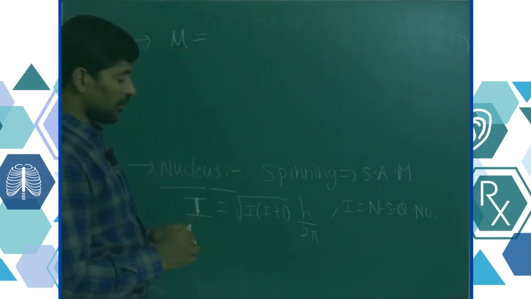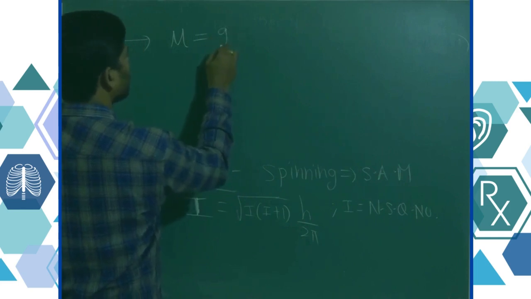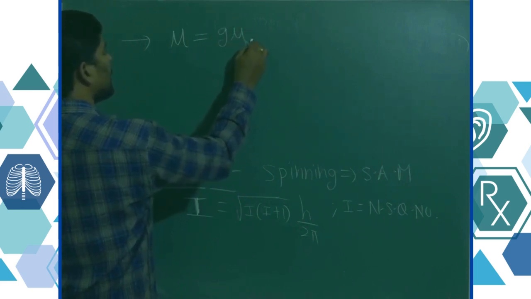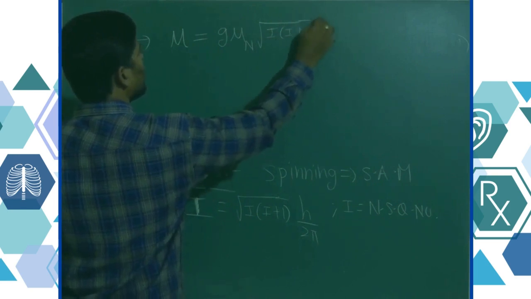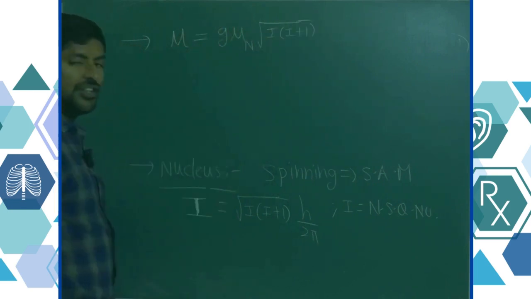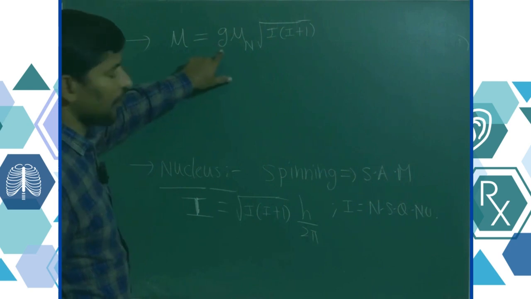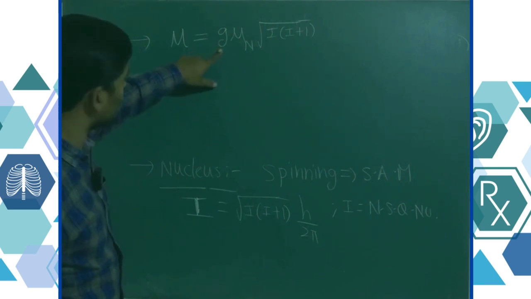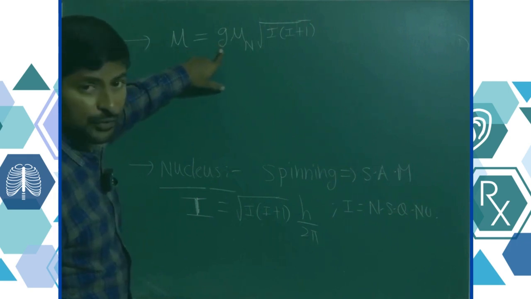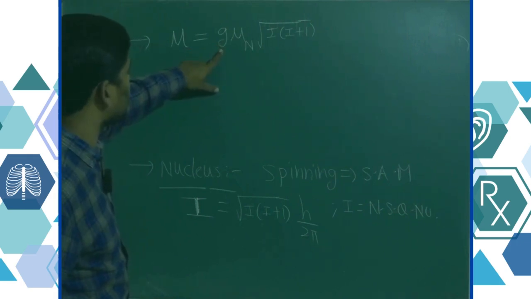So the magnetic moment of nucleus is given by this formula, just to remember: g mu n square root of I into I plus 1, where g is called the nuclear g factor or splitting factor, a constant that depends on the nature of the nucleus.